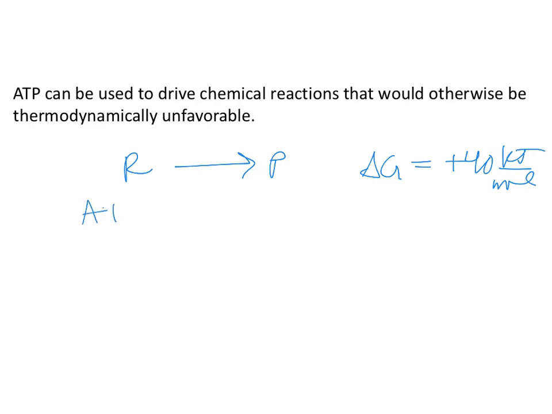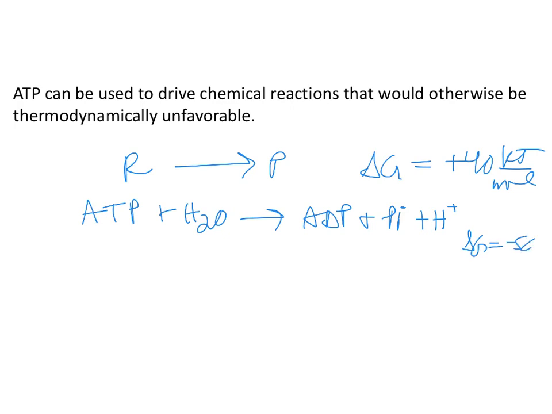You can couple this with ATP hydrolysis. Sorry, this is a Pi, where the delta G here is negative 50 kilojoules per mole. And if you couple those reactions, which means they happen together, or you add them together, you combine all of your reactants.